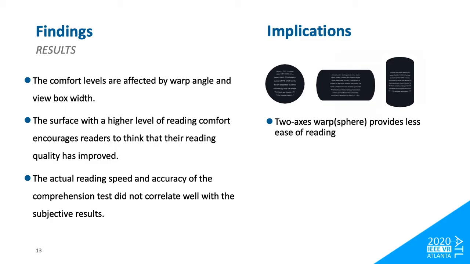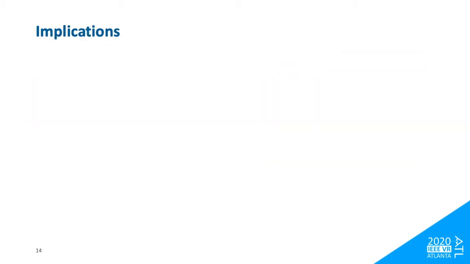So throughout the whole project, we could get some ideas. Reading on two warped axes provides less ease of reading, especially compared with a plane. And it is also easier to read on the single warped axis compared with the two warped axes. And also reading on the flatter display is considered more comfortable.